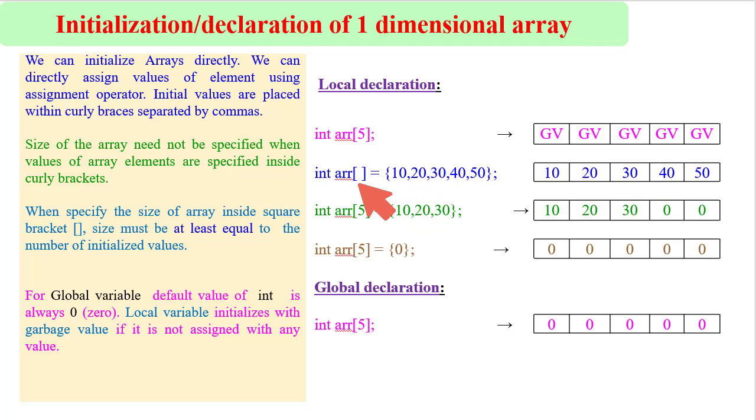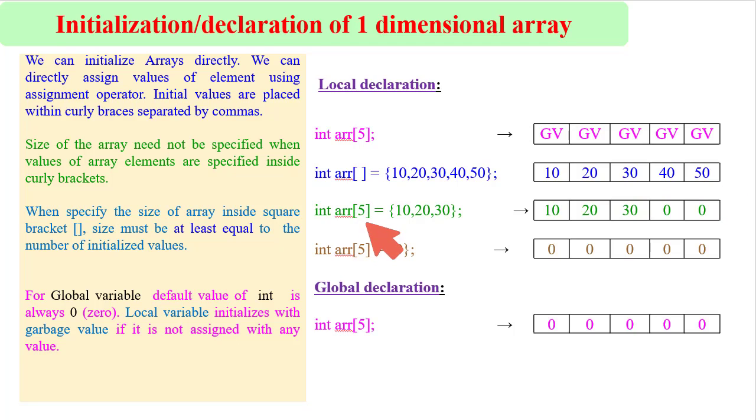But if we do not mention the size inside the square bracket, in that case also this is a valid expression. What will happen when we declare the array this way? As there are 5 elements here, 5 memory locations will be allocated, and in the first memory location 10 will be stored, in the next memory location 20 will be stored, then 30, 40 and 50.